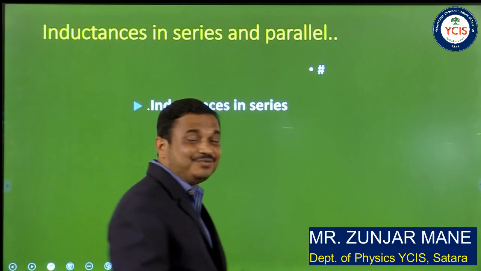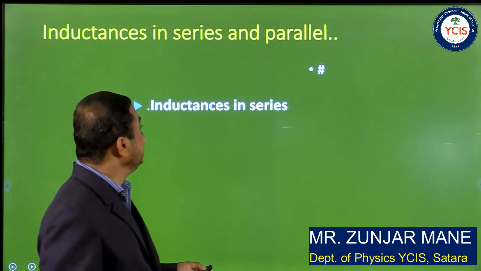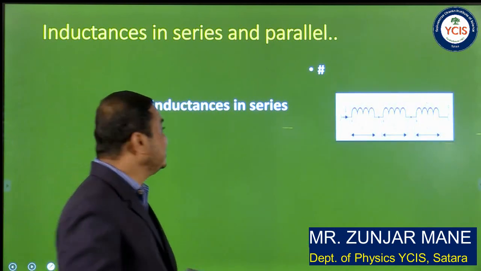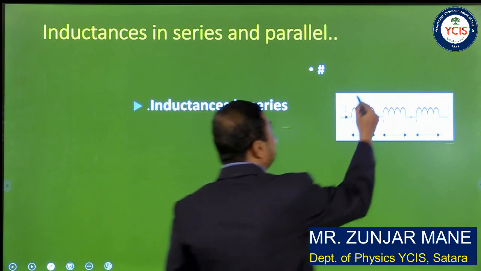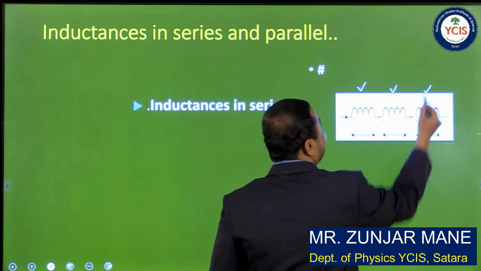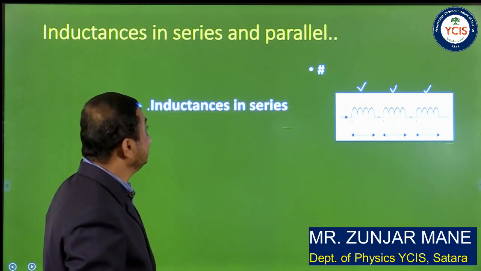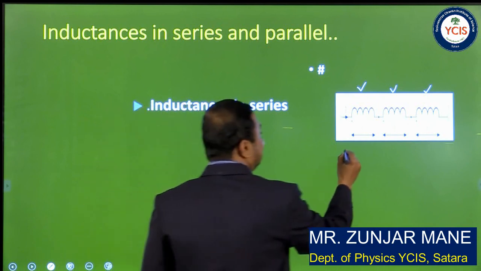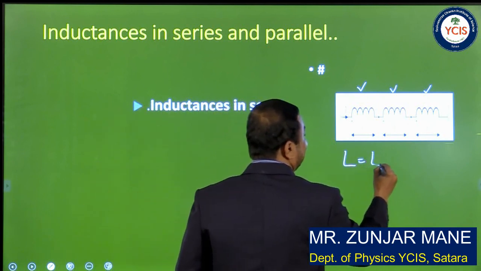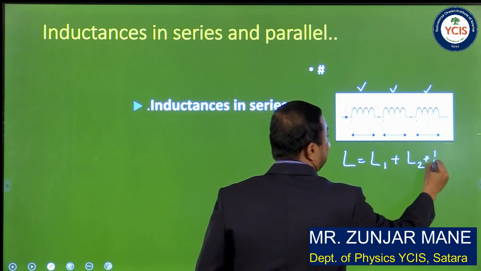So what happens when a number of inductors are connected in series? That is, the inductors are connected one after another. In this figure, three inductors L1, L2 and L3 are connected in series. Then their effective inductance is given by the equation L equal to, as with resistors, L1 plus L2 plus L3.